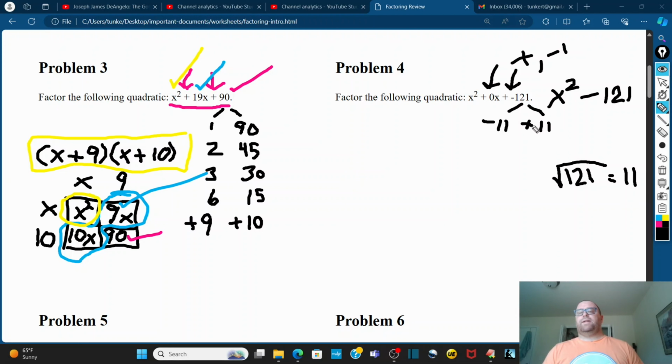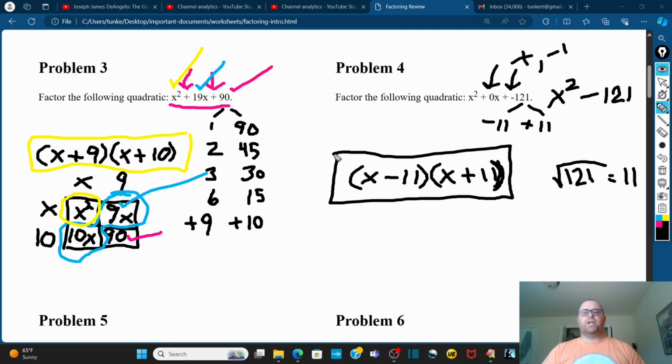So when I write this in factor form, I'm going to write it as x minus 11 times x plus 11. Okay, so x minus 11 times x plus 11. Yep, there we go. That is the factored form. If you want to check it, you can check it.